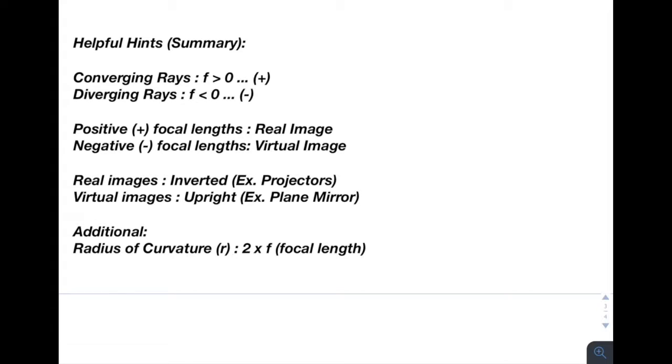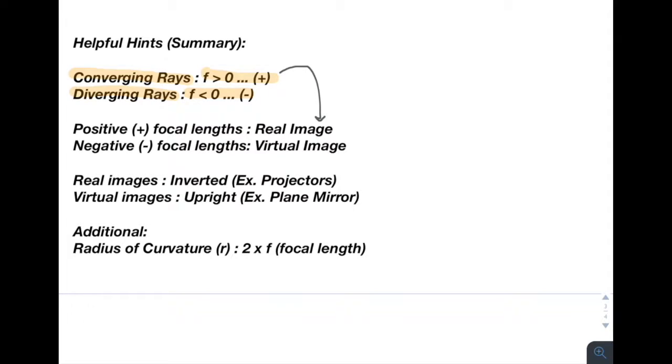Like I said earlier, whenever you have a converging light ray, the F is going to be positive. Whenever you have a diverging light ray, the F is going to be negative. This is really important because it helps us understand whether the image is going to be real or virtual. Whenever we have a positive focal length, you're going to get a real image.